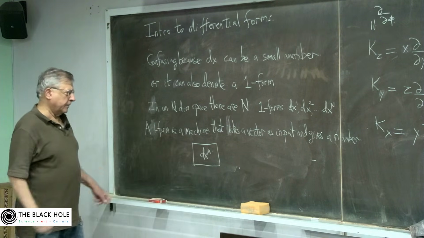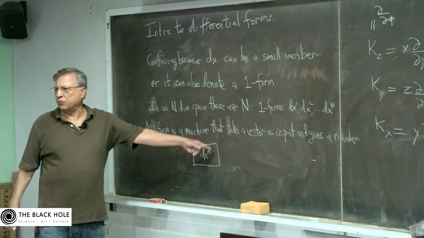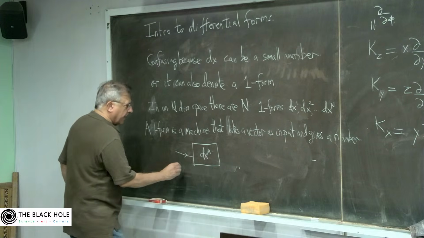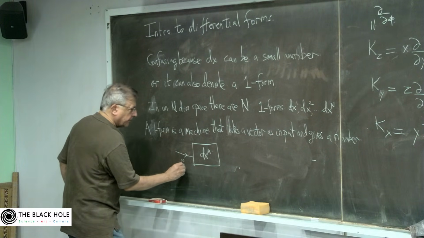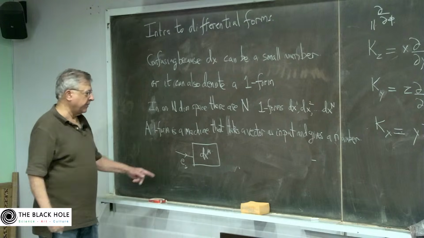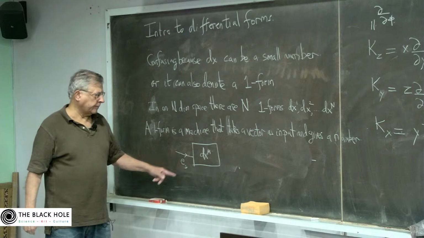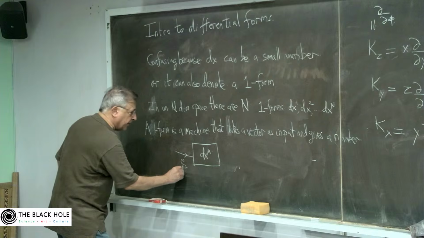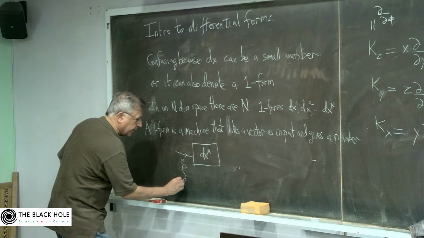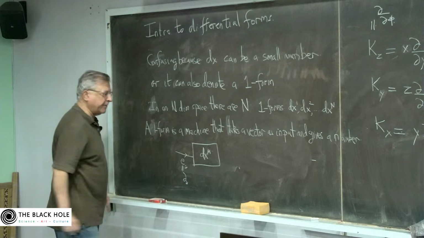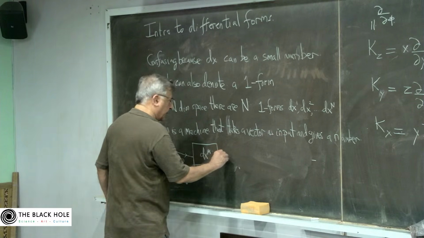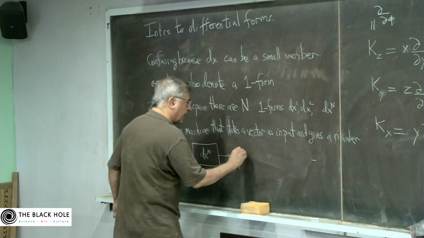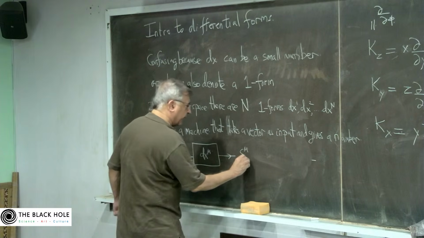Let's call this either dx1, dx2 up till dxn. If I give this a vector e nu, which is a basis vector, then out comes delta mu nu.